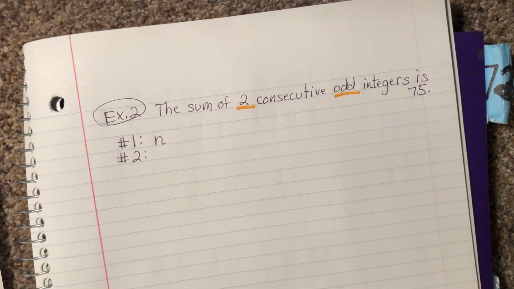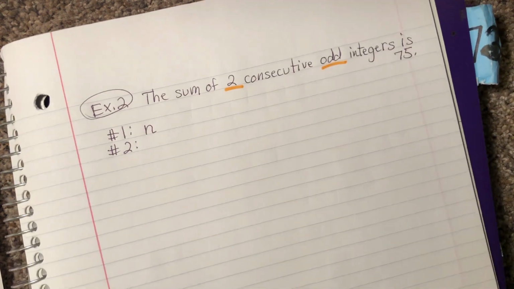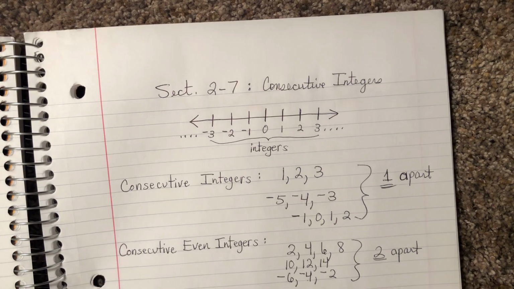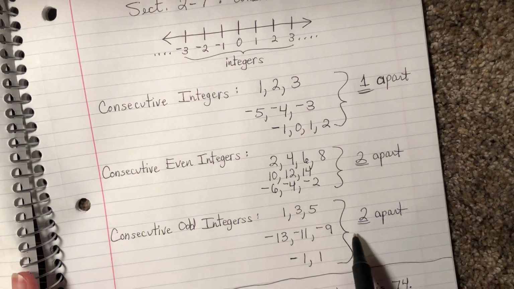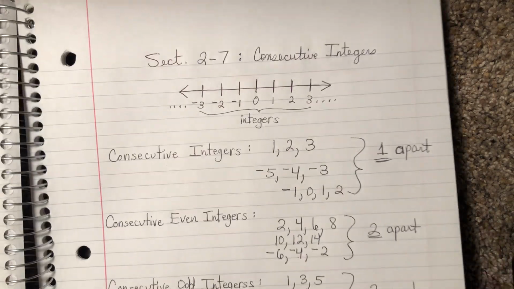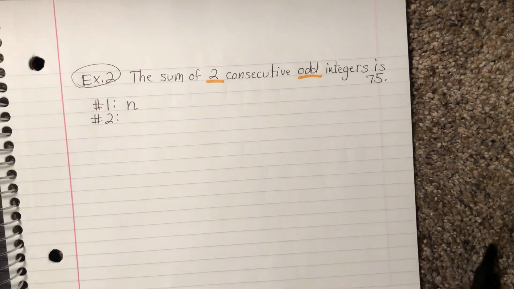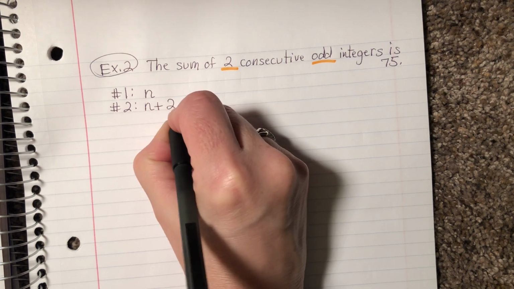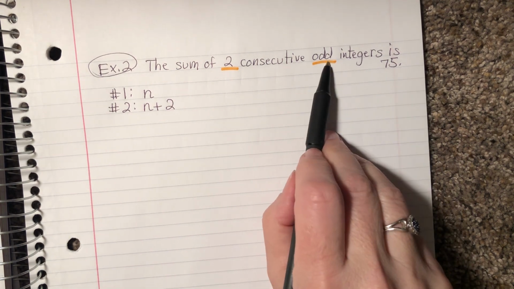Odd integers are, I wish I wouldn't have turned that page now. Let me move this. Odd integers are 2 apart. So n plus 2. That's why you got to watch this word odd.